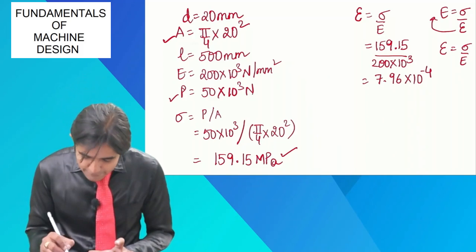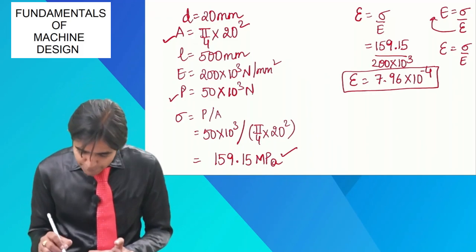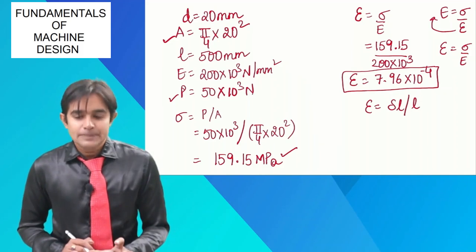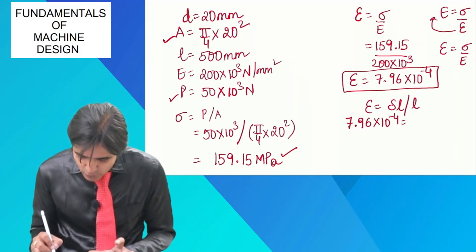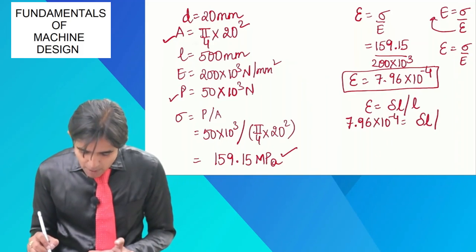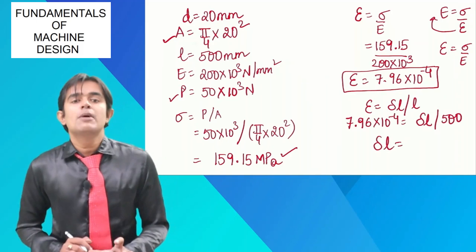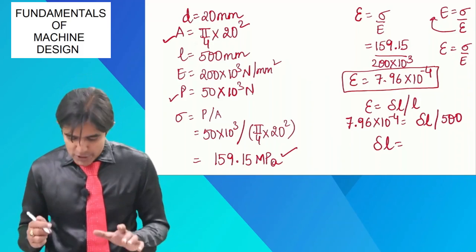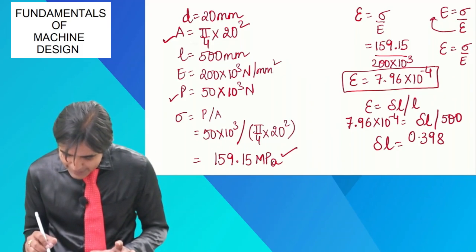Now, since I have found out the value of linear strain, the formula for linear strain is delta L upon L. I'll write down the value of linear strain, which is 7.96 into 10 raised to minus 4, equals deformation upon length, which is 500. If I do the proper calculation, I'll find out the value for deformation or the elongation, and the value turns out to be 0.398 mm.